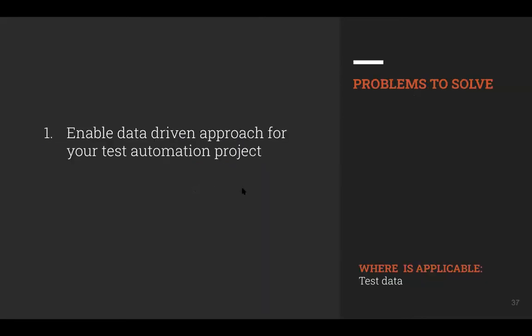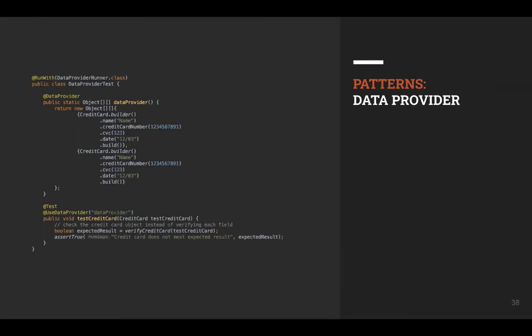Next one helps us to enable the data-driven approach, as I mentioned before. It's called data provider, and you have only one test body, but you have some parameter here, and you can feed a lot of data from, let's say, a CSV file to this test and test different boundaries, different edge cases, and instead of one test you will have hundreds of them.